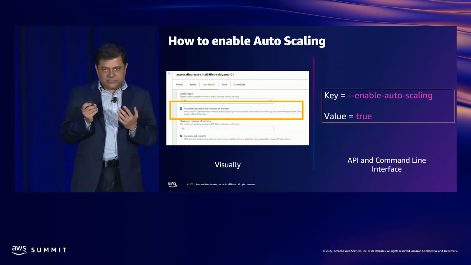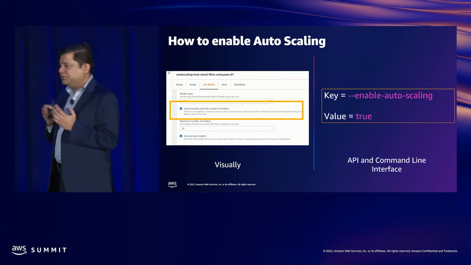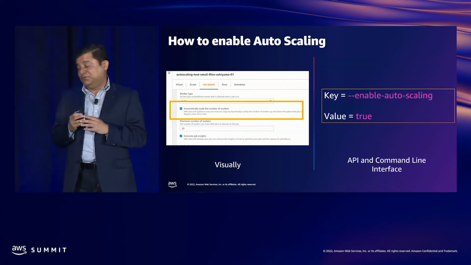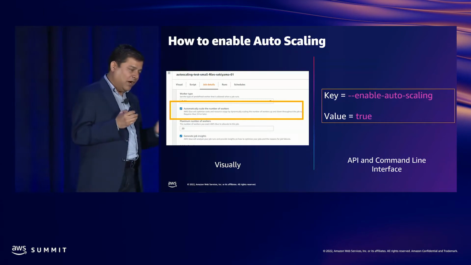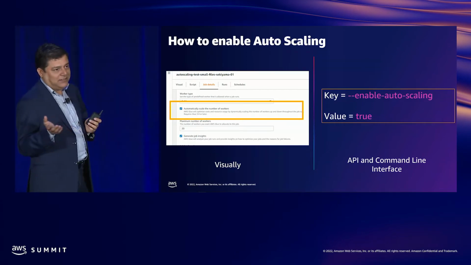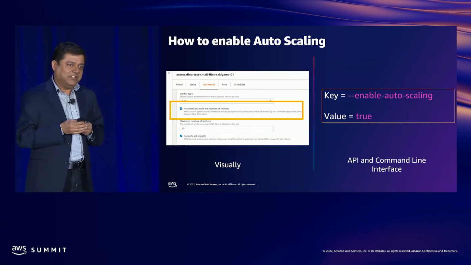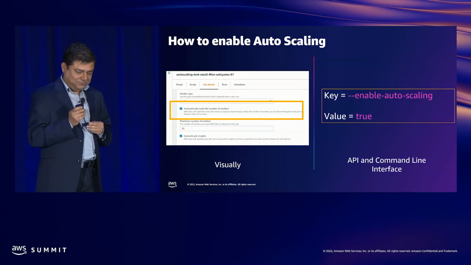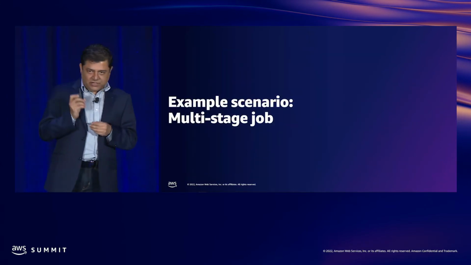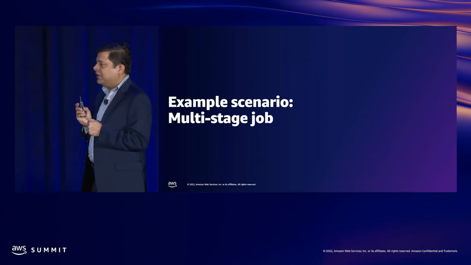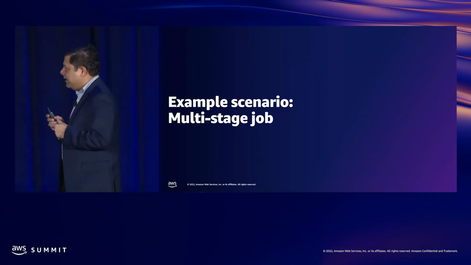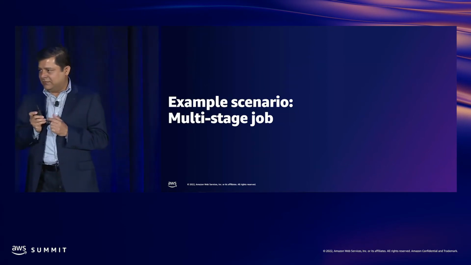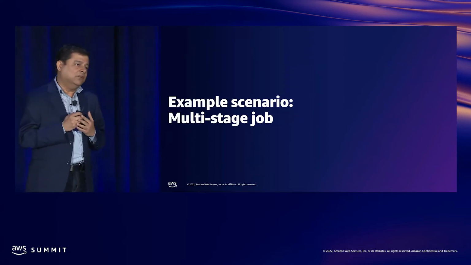How do you enable auto-scaling? There is actually one simple checkbox on the UI. And on API and CLI, you can just enable a simple key value pair. So now let's look at a couple of examples of how auto-scaling works and how it solves this capacity management problem and the cost problem.